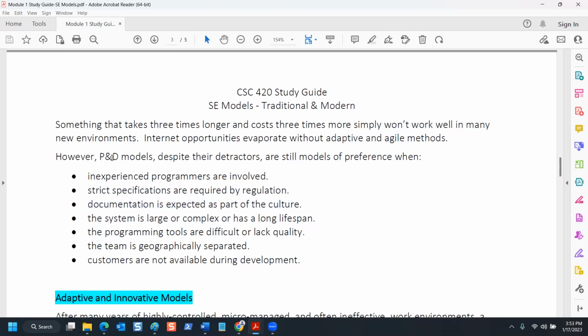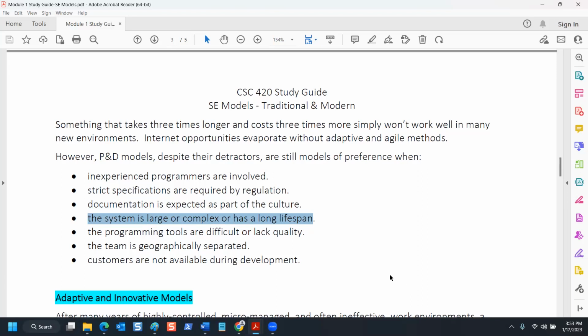What does the D stand for? Documentation. When there are changes to the software, it is documented, right? If the system is large or complex, has a long lifespan, a lot of government solutions are developed with P&D. In fact, a lot of them use a kind of hybrid mode of P&D called SDLC, Software Development Lifecycle.